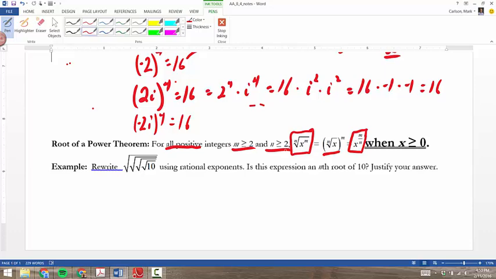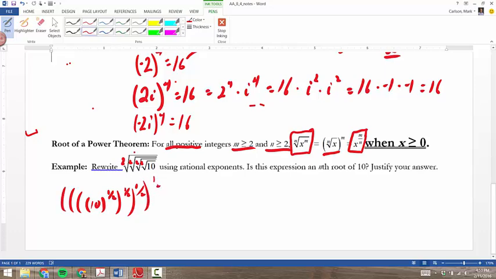So if I were going to rewrite this with a rational exponent, or in other words using fractions, remember this is like the square root of the square root of the square root of the square root. Okay, so that's really like saying 10 raised to the 1/2 power, raised to the 1/2 power again, and then finally a fourth time.